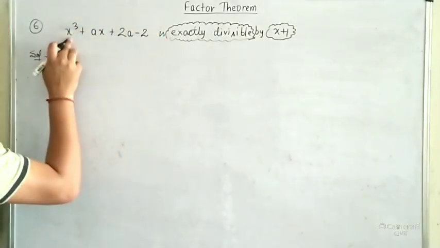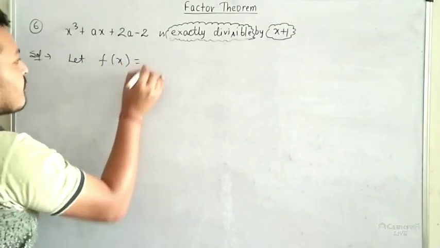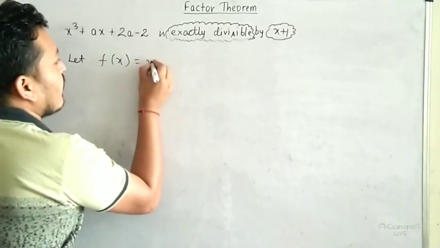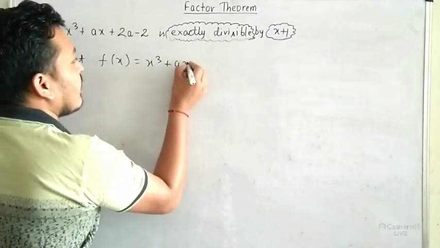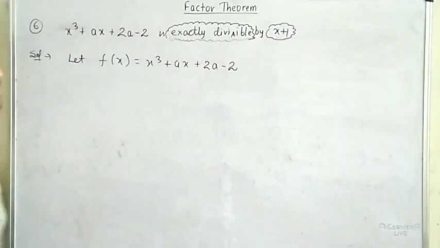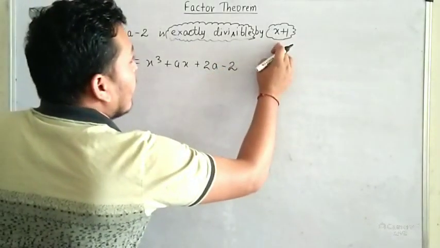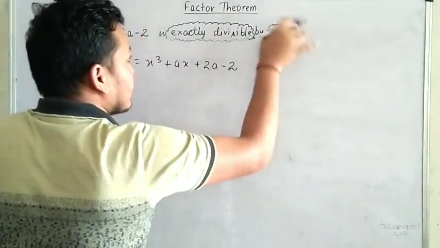So first of all, let the polynomial algebraic expression be f(x) is equal to x cube plus ax plus 2a minus 2. Then substitute the value of x. Another one is g(x), x plus 1.